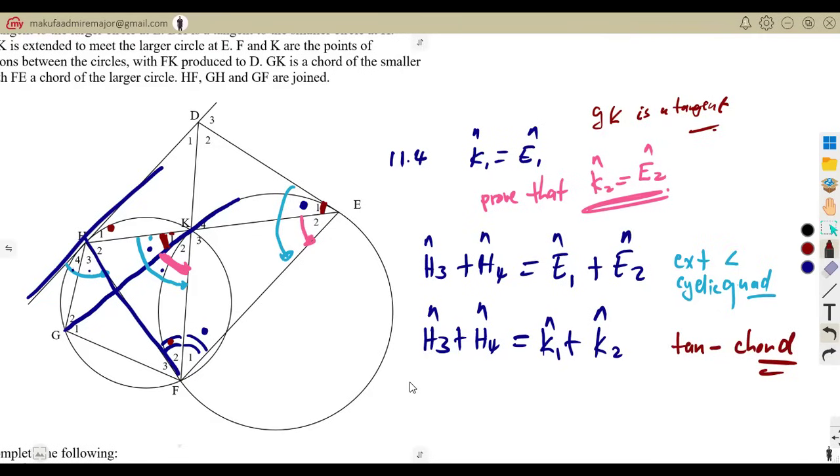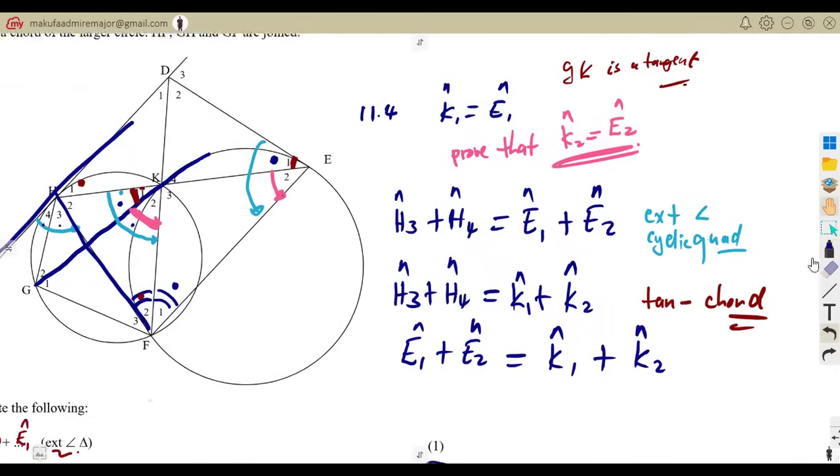Guys, remember what it is that you need to prove? Like I said before, we need to prove that K2 and E2 are equal. From these two that we are seeing, these two are also equal because it's the same one. So from these, we can see the sum of E1 plus E2 is equal to K1 plus K2.